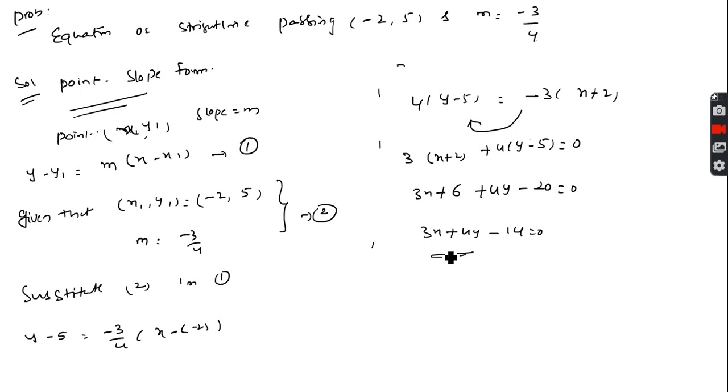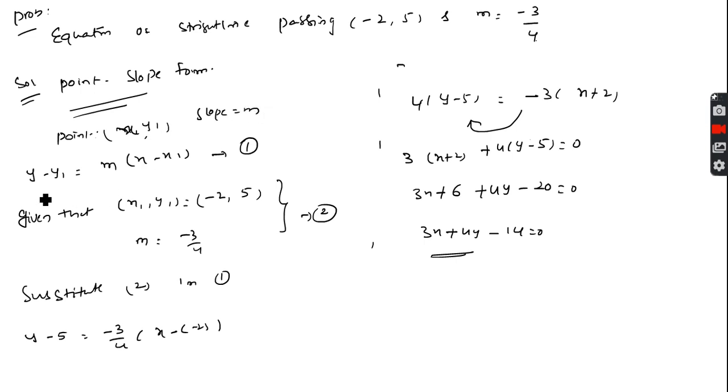So we need to find the equation of straight line passing through (-2, 5) and slope m equal to minus 3 by 4. This is the point slope form. What is the formula? The point is x1, y1 and slope is m.